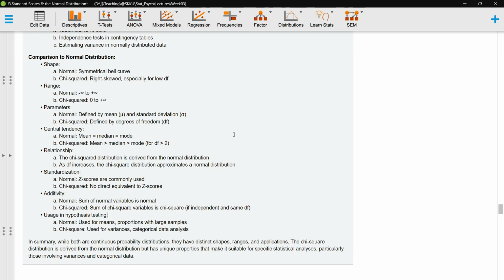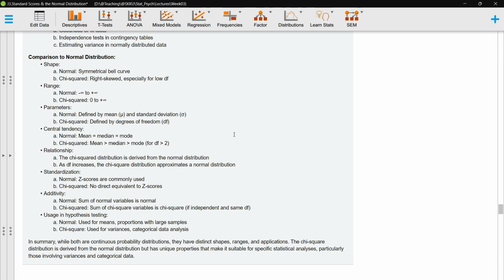In later lectures, we will talk about hypothesis testing in many statistical analyses. For the normal distribution, we will use it for hypothesis testing about the means and the proportions with large samples. And for the chi-square distribution, we use it for testing hypotheses about the variances and for categorical data analysis.